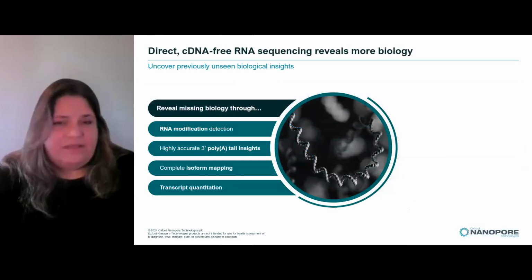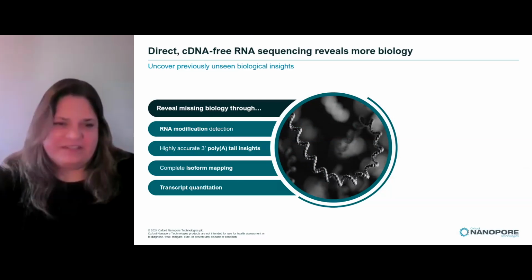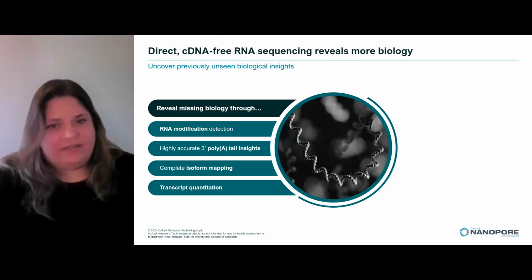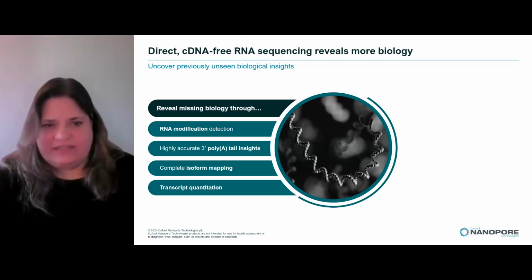So what I think is a better way of doing it is direct RNA, which is a cDNA-free type of RNA sequencing, which reveals more biology, and therefore you get a better look at what's actually going on, that dynamic information in the cell at any given time. So we see things like RNA modifications, so we can detect those.